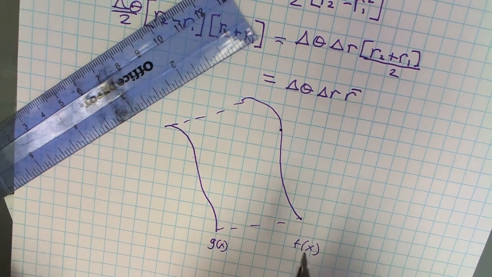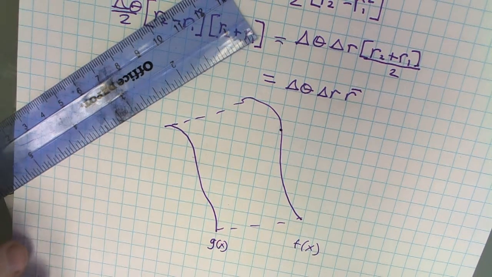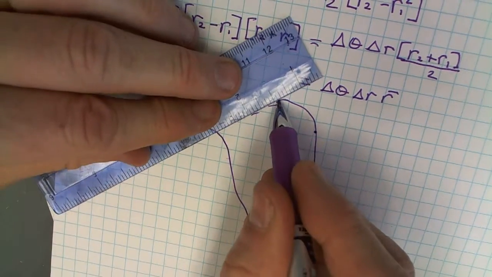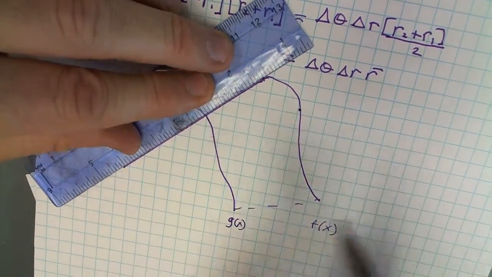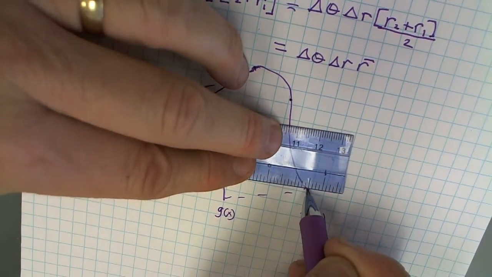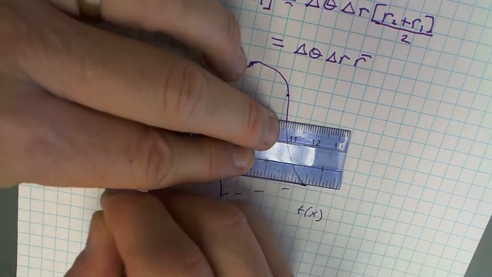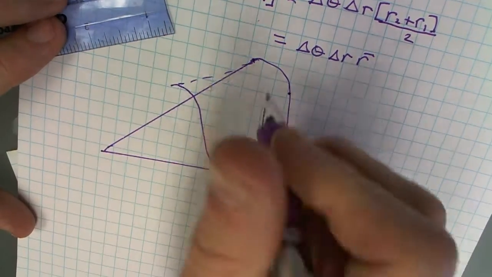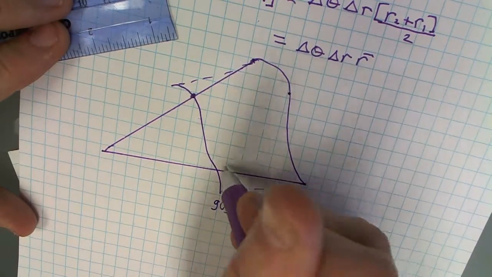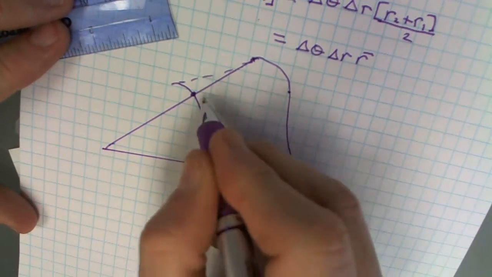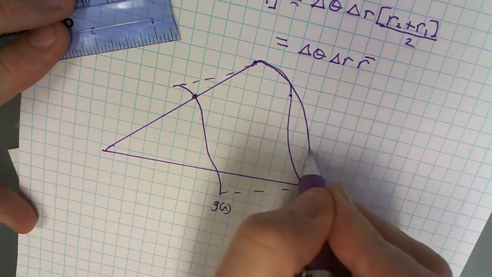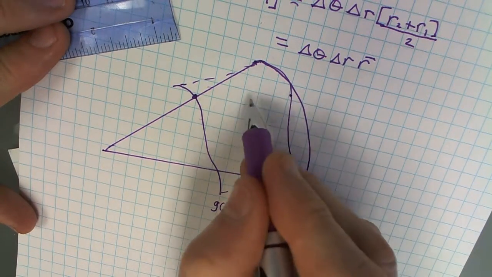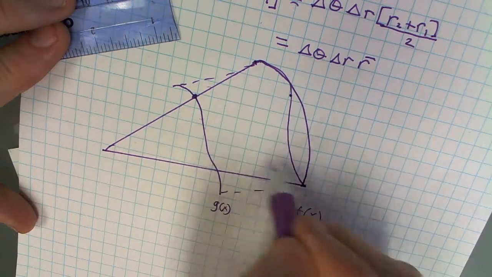One of the things I could do is divide this into little sectors like we did before. Let's suppose I'm interested in getting this area right here, and let's suppose this is like a circular sector.